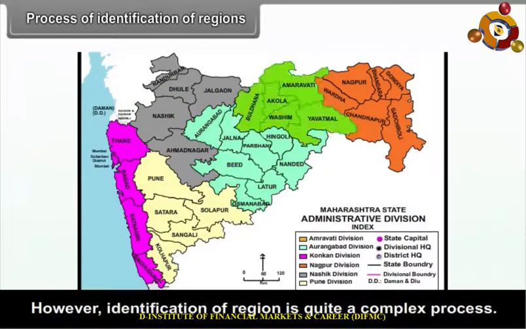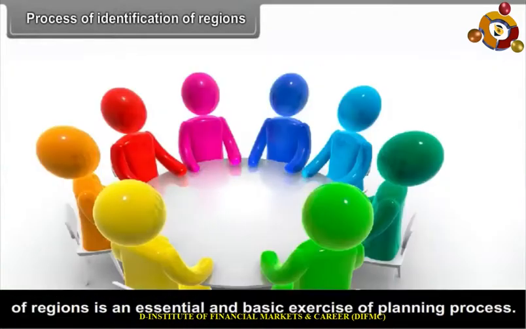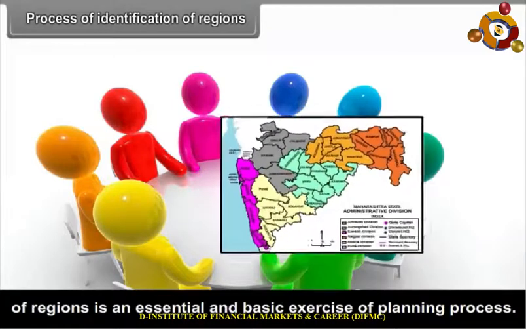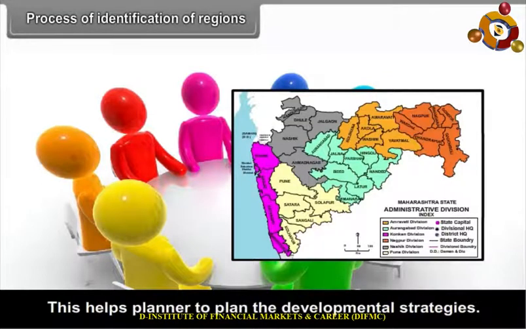However, identification of regions is quite a complex process. At times, we have to take into account a large number of factors for regionalization. The identification of regions is an essential and basic exercise of the planning process. This helps the planner to plan the developmental strategies.